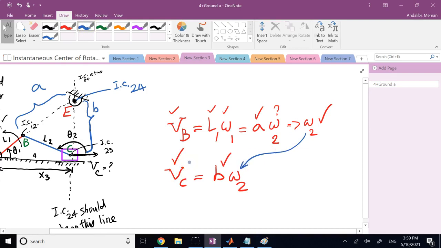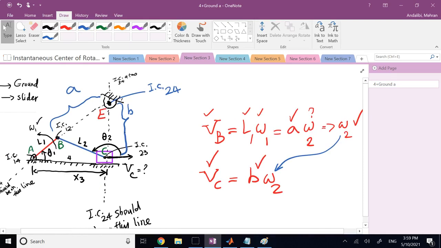And I can find the velocity of the slider. So you see, using Kennedy's theorem, using instantaneous center and some geometry, because we need to find these distances A and B, and I'll show you, then you can easily find the unknowns of your kinematics problems.